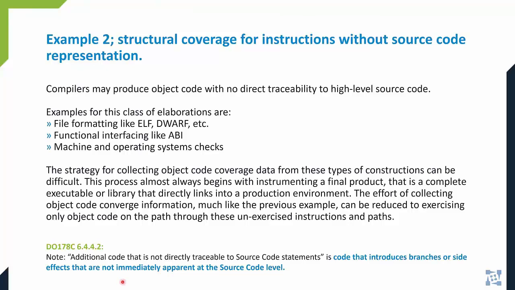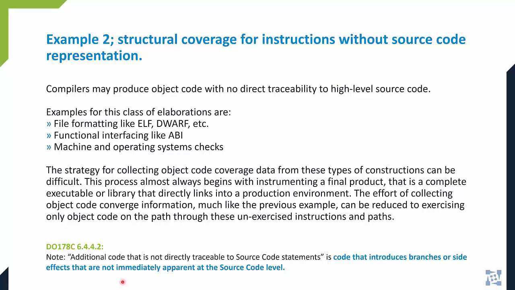Now for the next example, I want to show something slightly different, something that can't be exercised through unit testing. It could be argued that the previous example's direct traceability is in question. It could be said that, yes, of course, there's going to be an implicit check for the out of bounds on an enum because you can't trust whether it's going to be an enum or another integer type.